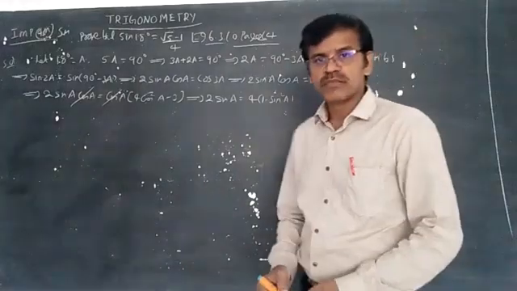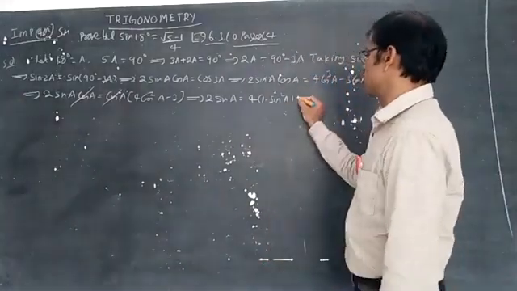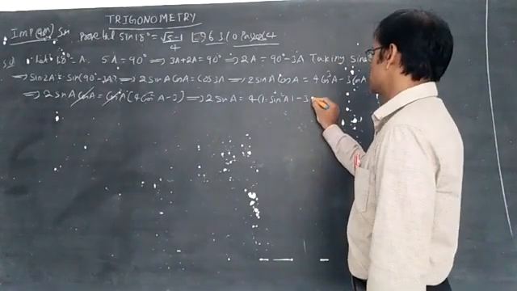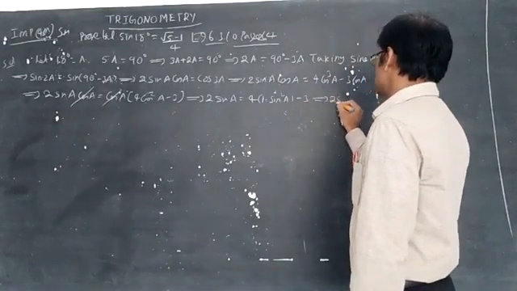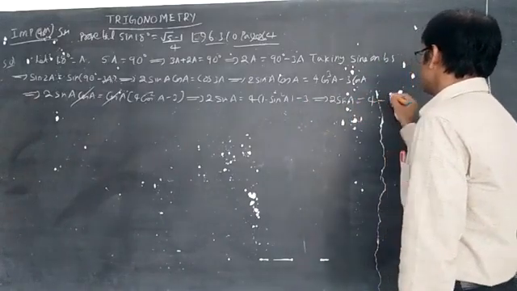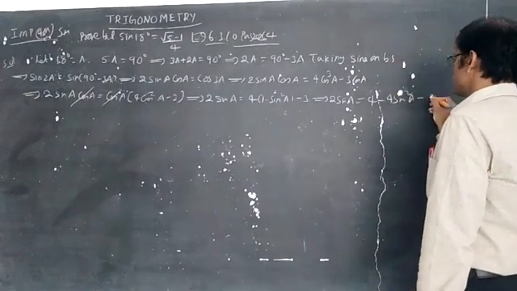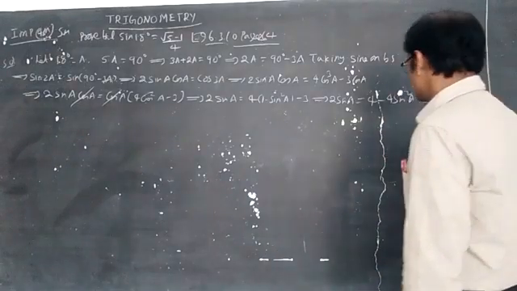So every value will be in the form of sin theta only. So 4 into 1 minus sin square A, minus 3. That implies 2 sin A is equal to 4 minus 4 sin square A minus 3.